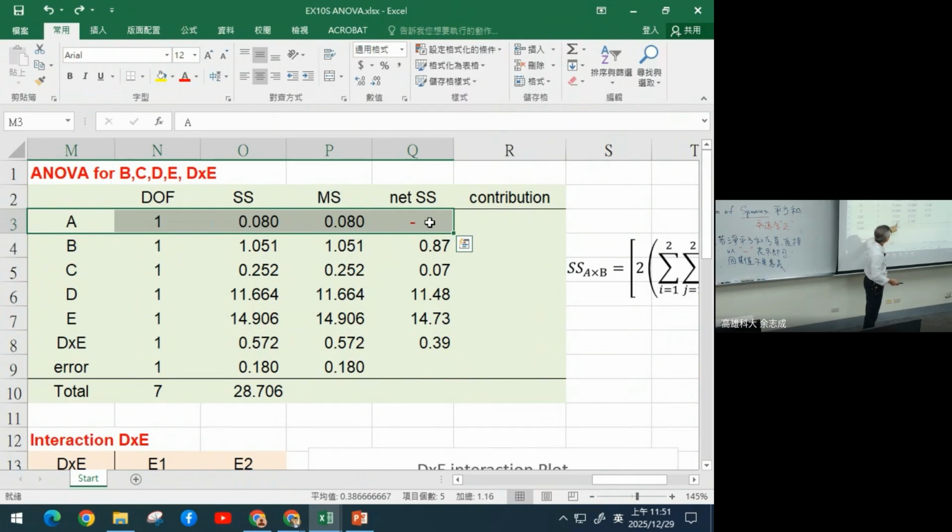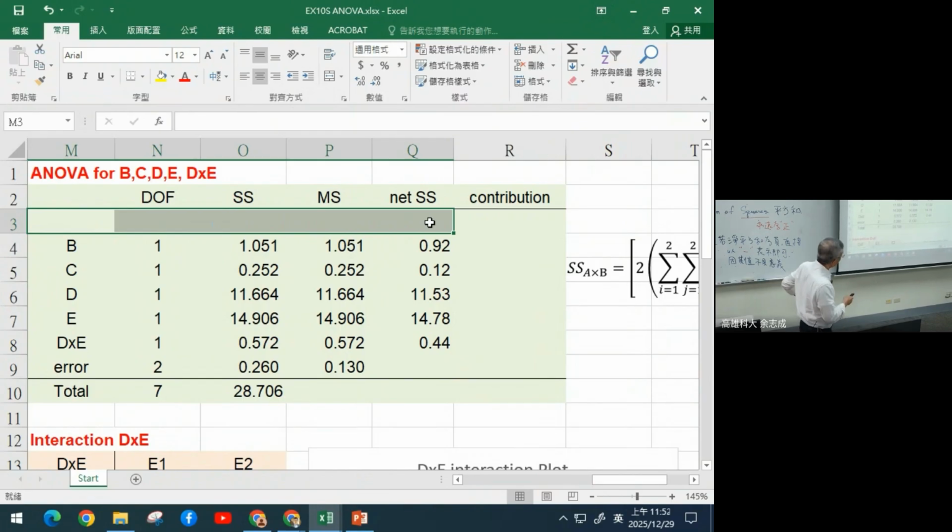So 0.18 plus 0.08 will be the new sum of square for the new model, 0.26, and the degree of freedom was pooled into error as well, becoming 2. So the mean sum of square will be modified automatically to 0.26 divided by 2, which is 0.13. But if you didn't type the correct equation, the number may not be automatically updated.